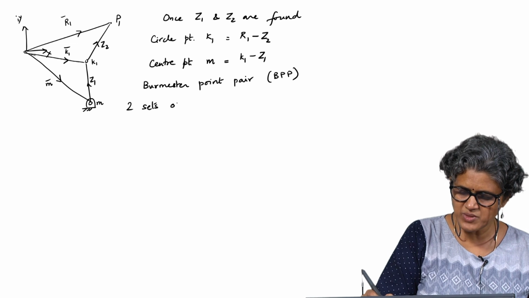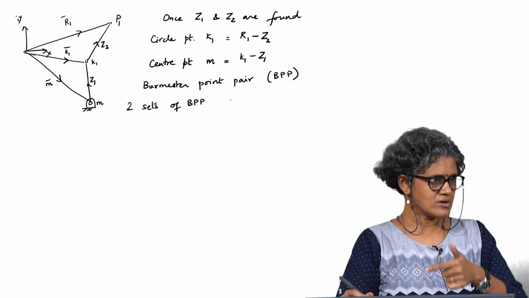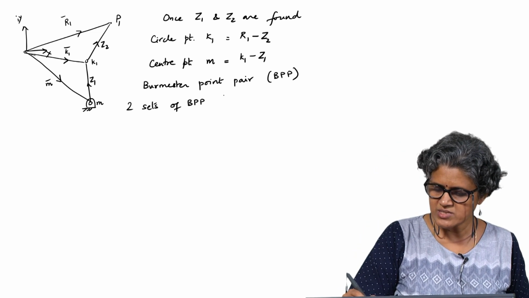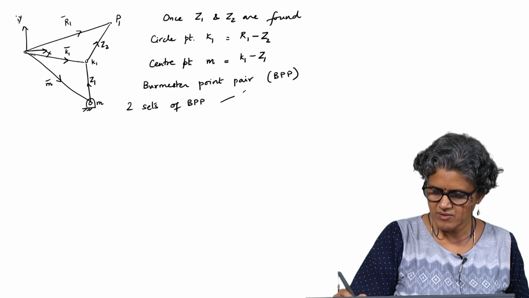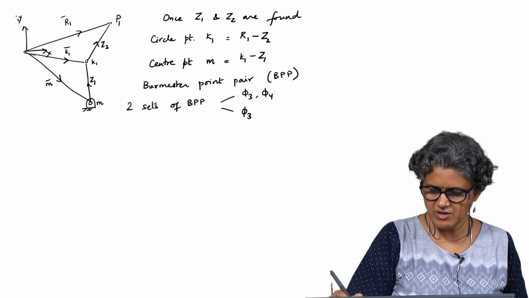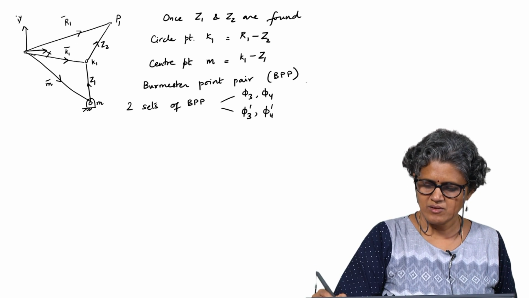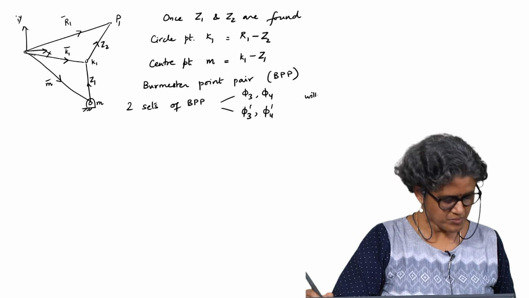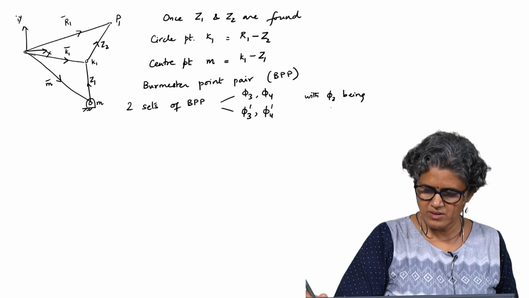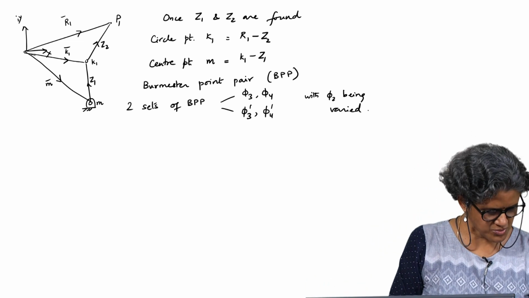Why 2 sets? Because again phi 3, phi 4, and phi 3 dash, phi 4 dash. So, for 2 sets, one for phi 3, phi 4, one for phi 3 dash and phi 4 dash, with phi 2 being varied. For each phi 2 you will get 2 sets of Burmester point pairs.